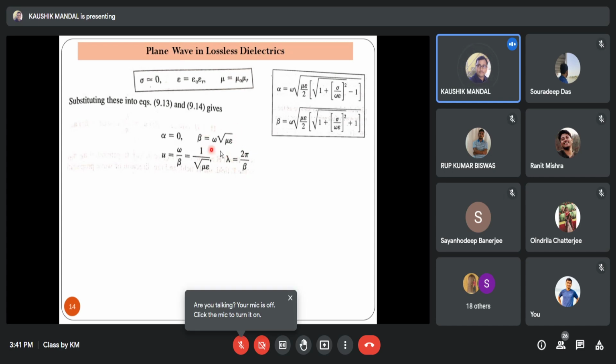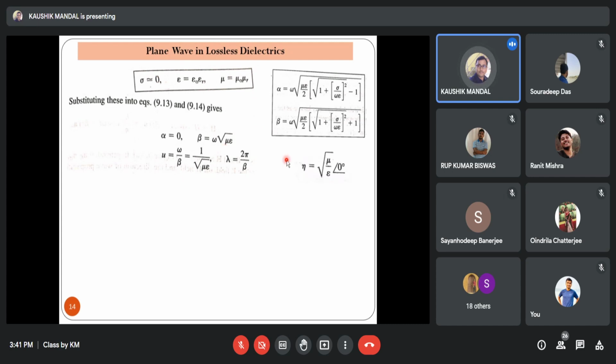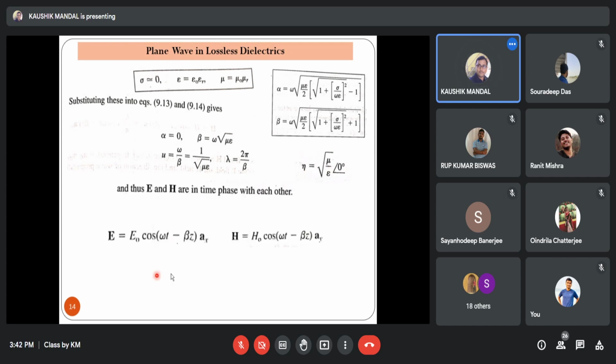Beta is already calculated. So in that way, considering the condition of the corresponding medium, you have to first find out the alpha and beta. Then from the general equation of the wave equation, that will give the equation of eta. Then what will be the equations of E and H? Alpha becomes 0, so the e to the power minus alpha z term becomes 1.